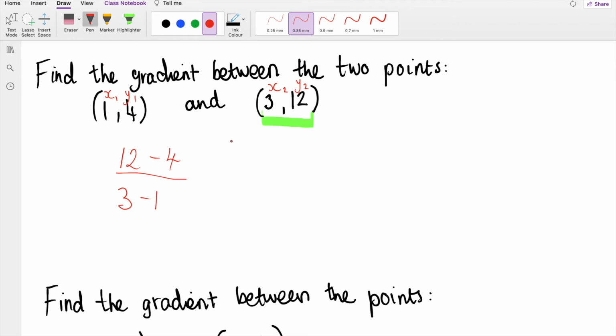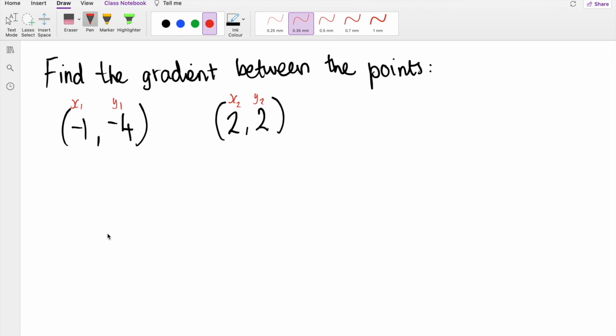A common mistake is a lot of students do 12 subtract 4 and then they might do 1 subtract 3. Remember that you need to subtract from the same coordinate. 12 subtract 4 is 8, 3 subtract 1 is 2, and simplifying that, 8 divided by 2 gives us a gradient of 4.